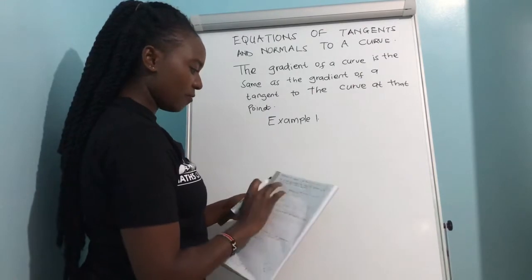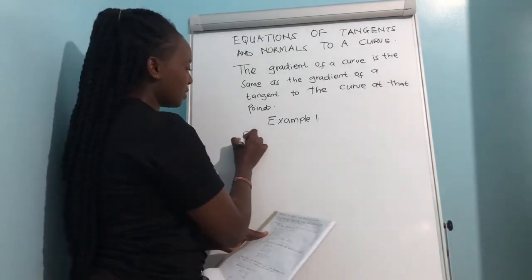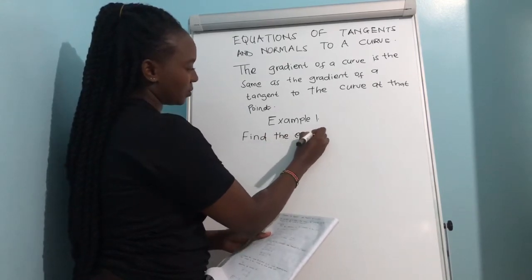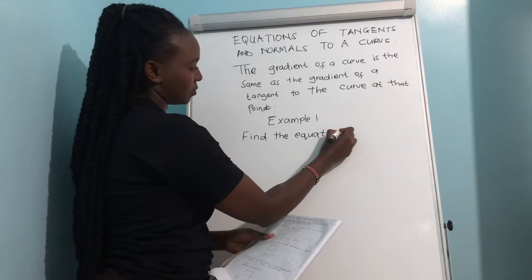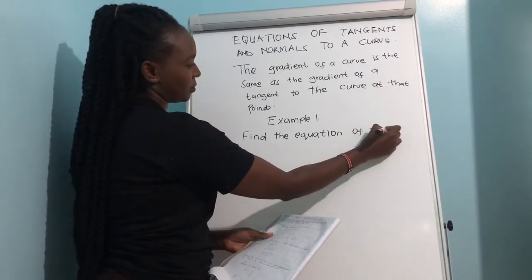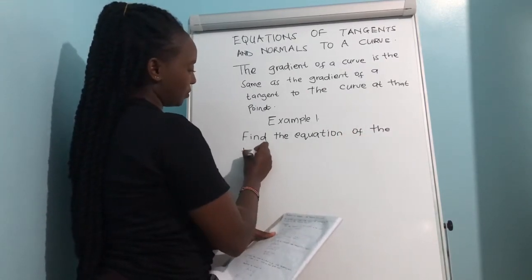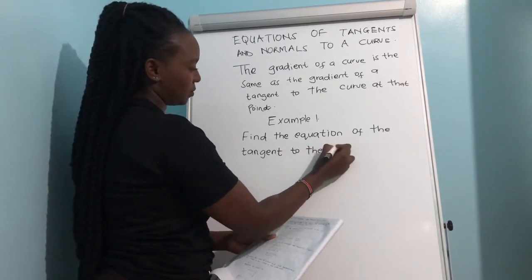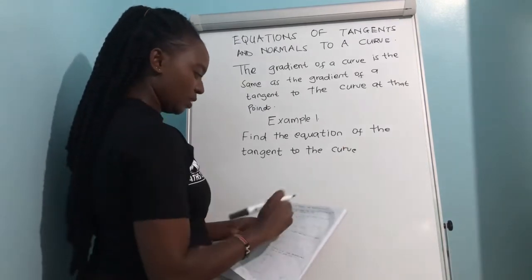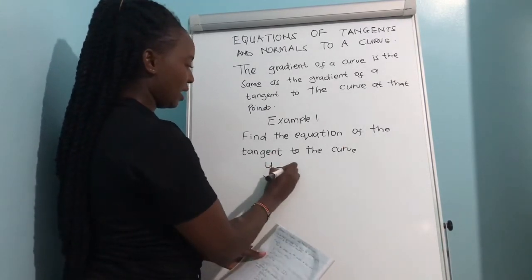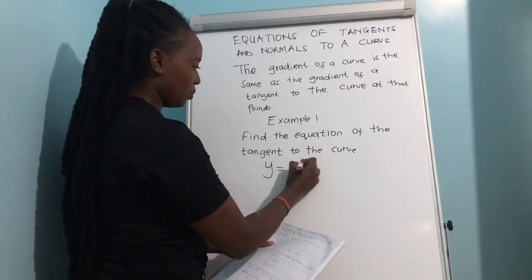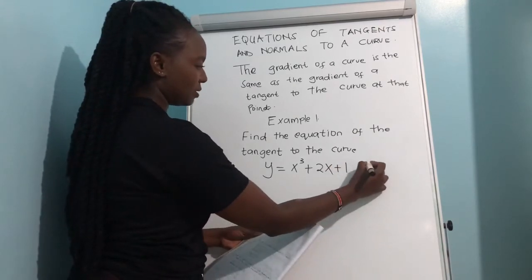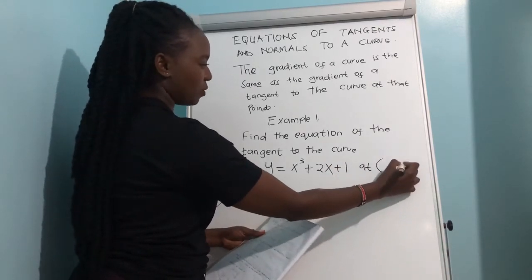The question is, find the equation of the tangent to the curve y equals x cubed plus 2x plus 1 at 1, 4.